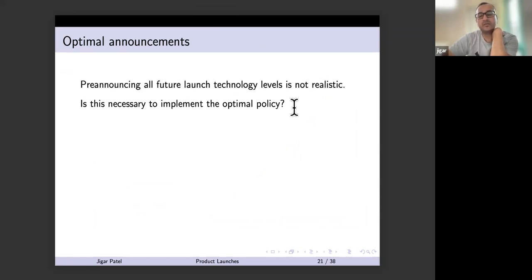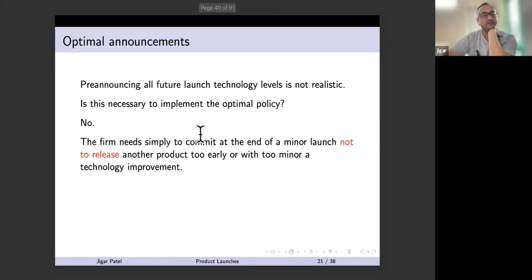Is this necessary to implement the optimal policy? No. The firm needs simply to commit, at the end of the minor launch, after the smaller innovation, like say 4S or 5S and so on and so forth, not to release another product too early or with too minor a technological improvement. So all the firm needs to do is, whenever they launch a product that has a minor improvement, they should give the signal or announce that we are not going to launch a new product soon.